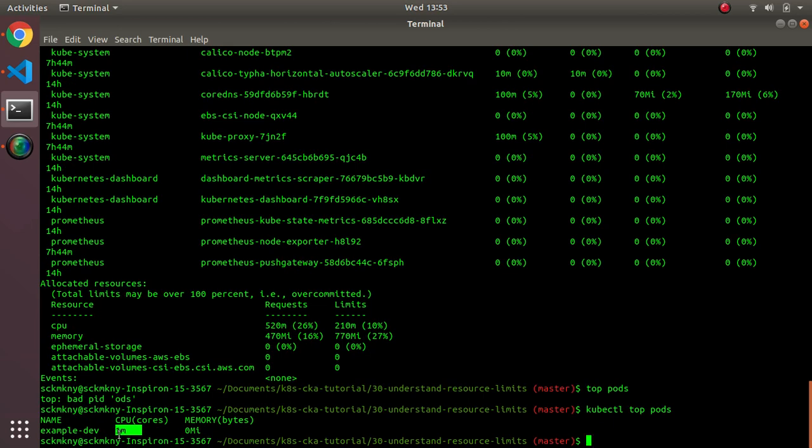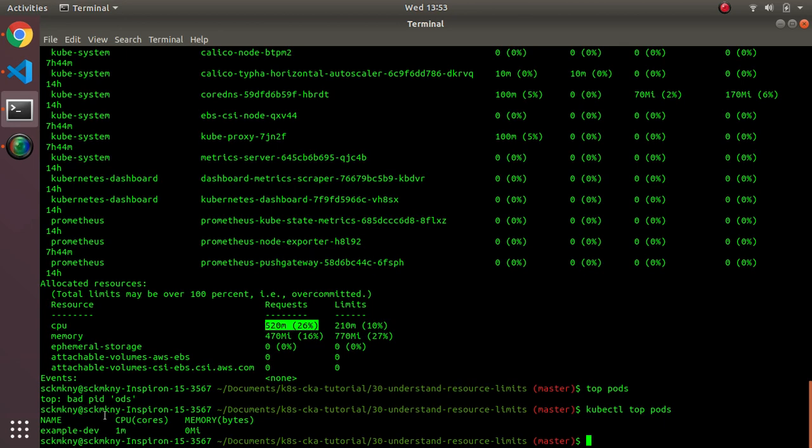So even though I requested up to 250, and I'm only using 1, the request still counts. From a node perspective, the CPU has already been pre-allocated. Even though I'm not using it, the node is holding on to that so that the pod can be serviced should it reach its request limit.